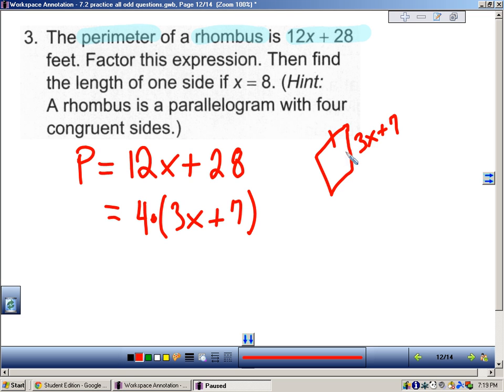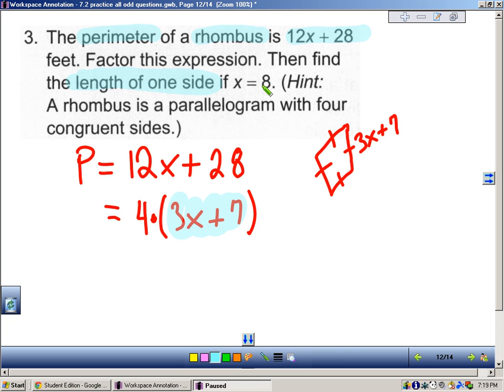These are called congruent tick marks. And so if you multiply that by 4, you end up with the perimeter. So you can see it. Every side is 3x plus 7. So 4 times 3x plus 7 would be the perimeter of the rhombus. And so by just looking at this expression here, 3x plus 7, that's going to give us the side length of that one segment.